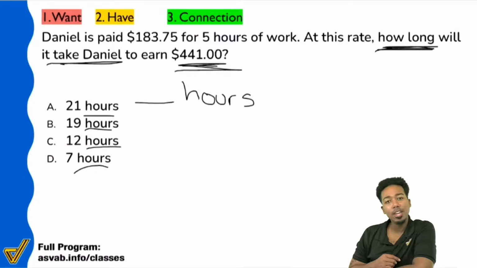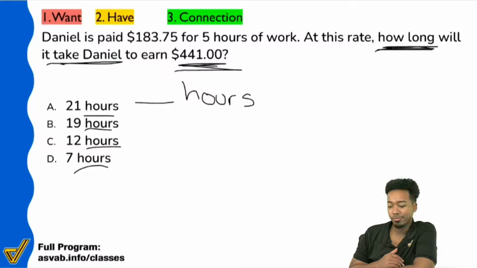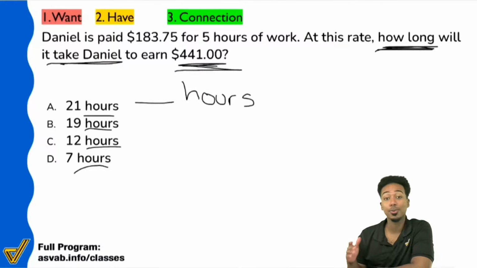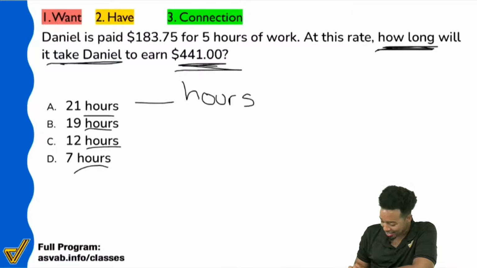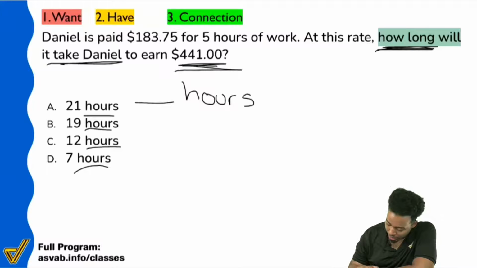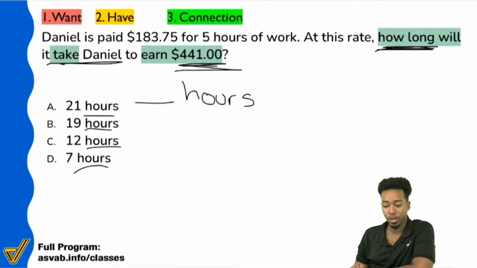Did they give you any information to associate directly with those hours, in the same sentence potentially? Right. The $441 is what we want to look at, because they tell you right over here, at this rate, how long will it take to earn $441?